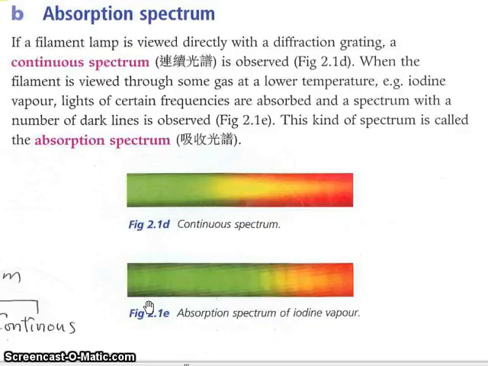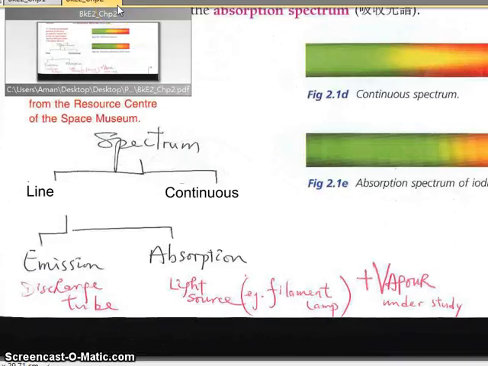So far you have learned continuous spectrum, line spectrum, emission spectrum, absorption spectrum. At this time, would you please take a look at my book, on the left bottom corner, and copy that down while I am explaining to you.